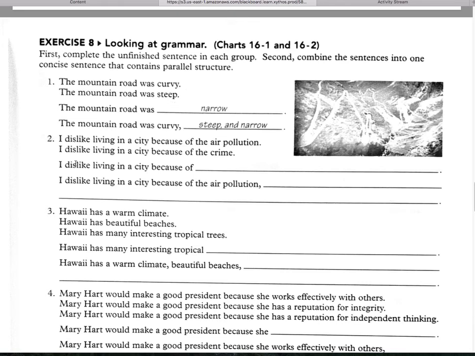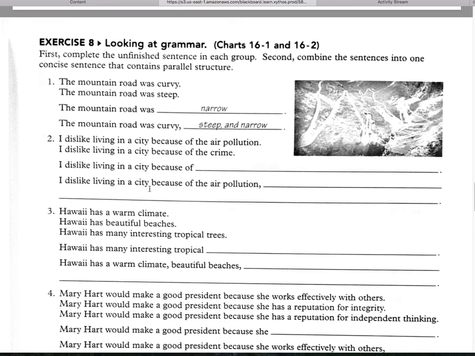Look at number 2. I dislike living in a city because of the air pollution. I dislike living in the city because of the crime. So air pollution and crime are nouns. So we have to use another noun. I dislike living in a city because of, you might say, the noise. So now we are going to make one concise sentence using parallel structure.